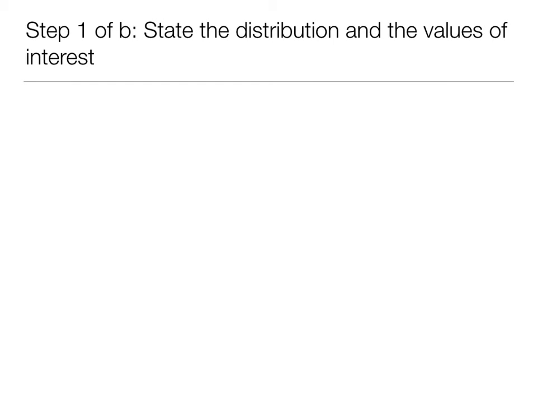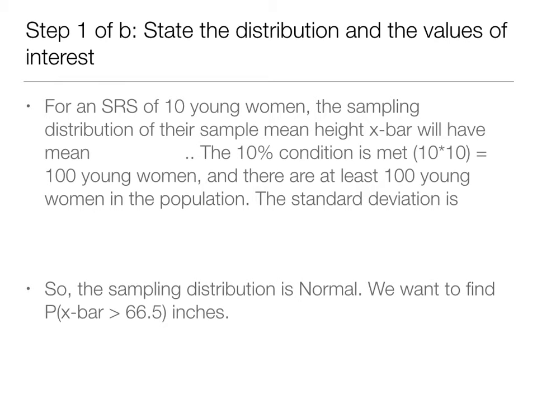So then part B, step 1 of B, see the distribution and the values of interest. Again, remember, instead of looking at the entire population, we're looking at a simple random sample of 10 women. So for an SRS of 10 young women, the sampling distribution of their sample mean height x bar will have the mean 64.5.